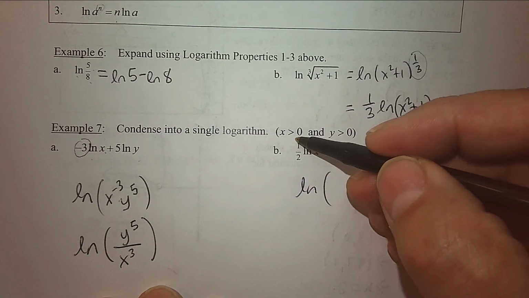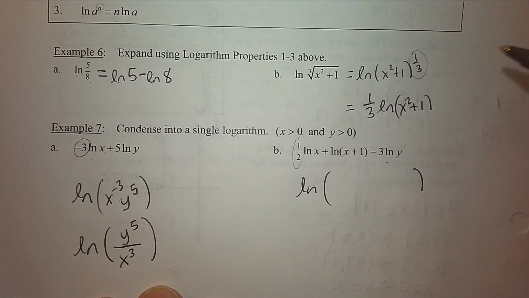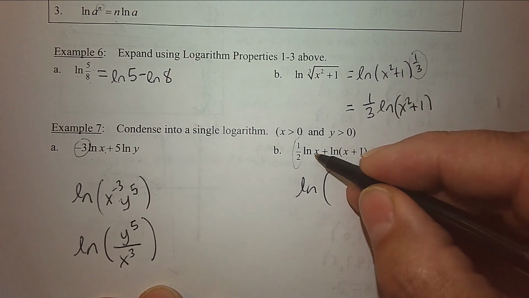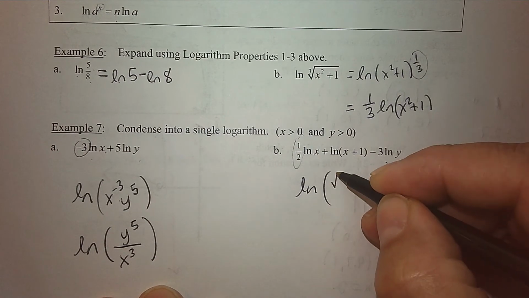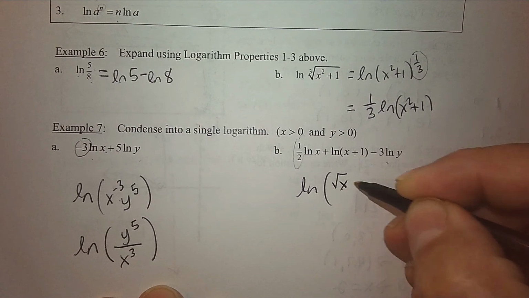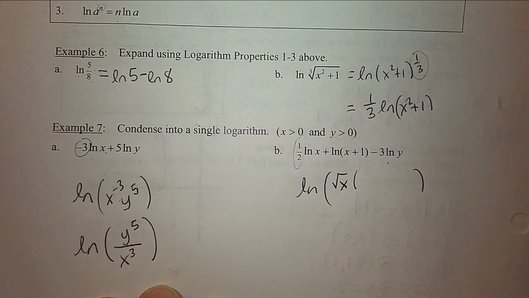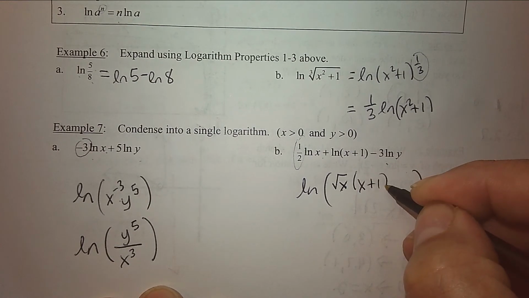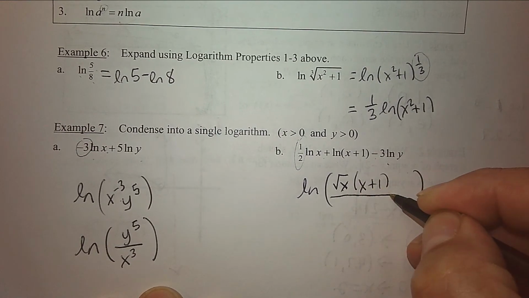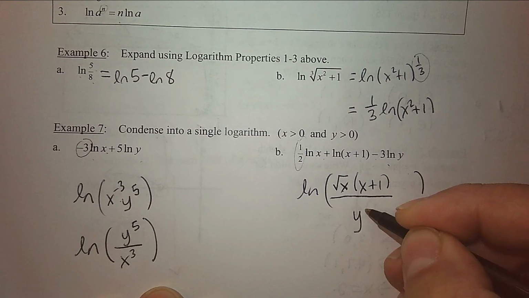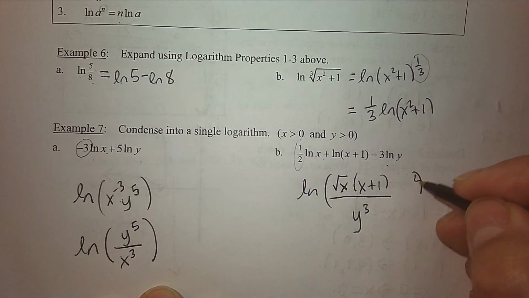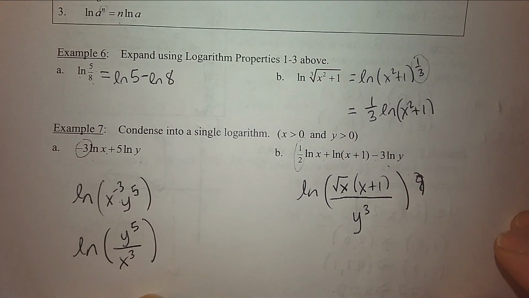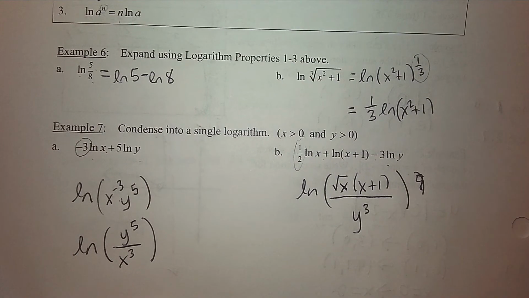What does this mean? The exponent x to the 1/2 means the same as root x. Adding means we're going to multiply. Subtracting means we're going to divide. And what's the exponent on 3? And you did it. All right, turn the page.